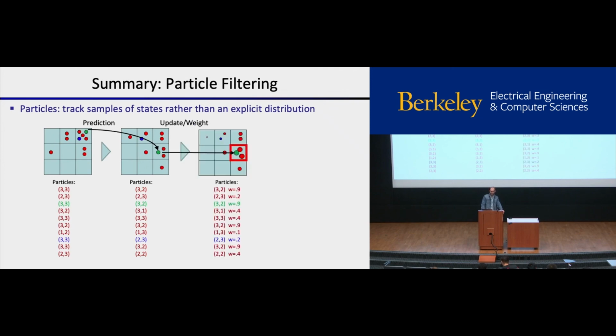There's our updating and reweighting step. And there's our resample step. And then we repeat. So it's just those 3 steps in succession: sampling from the transition matrix, reweighting the particles, resampling particles according to their weight, and then repeating.